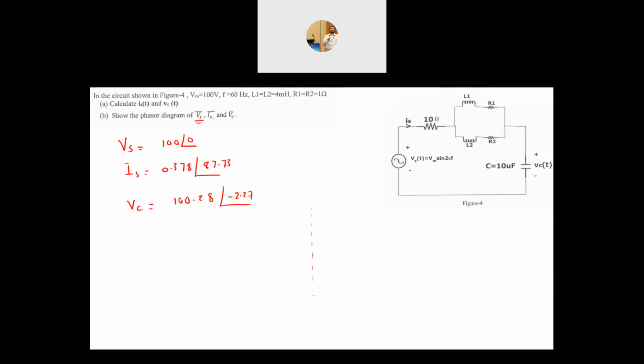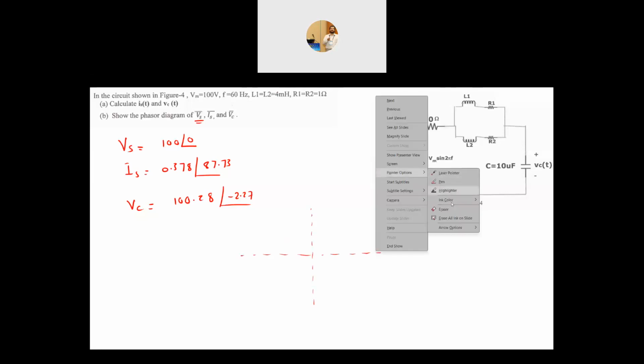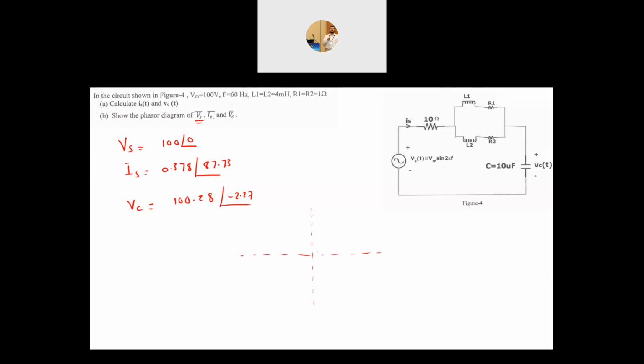So this is basically your coordinate system. Now let me change the color. This is your VS. Your VS is a vector. Magnitude is 100, okay, and the angle is 0.